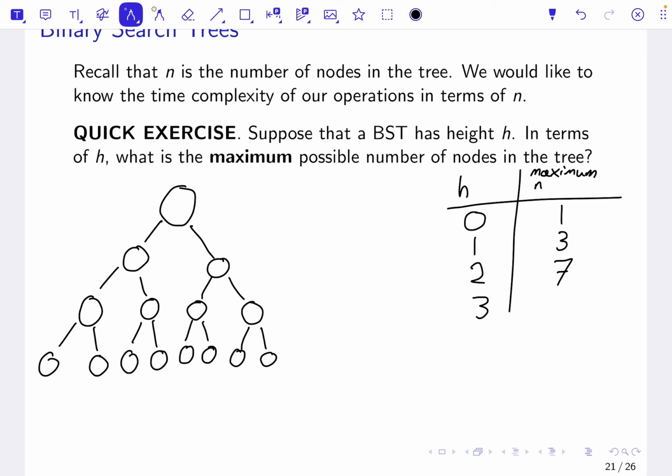Indeed, I almost doubled. This is looking pretty close to 2 to the n. I guess if you added 1 to h and then subtracted 1 from the result, you'd get 2 to the n, something like that. No, that's how you would get the height from 2 to the n. I'll just write it down.